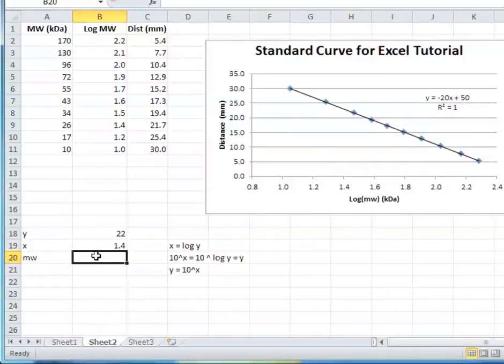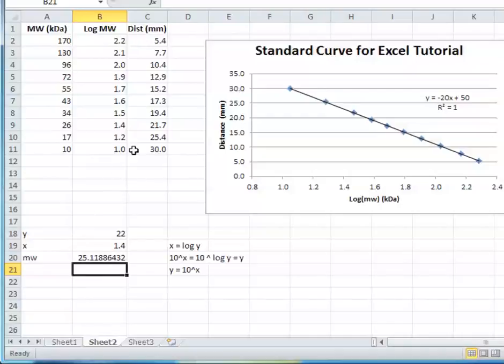We figure out what y is by taking equal sign, 10 caret, which is the symbol for exponent, shift 6, and then we click on x here, and if we hit enter, we'll get 25.11 kilodaltons.